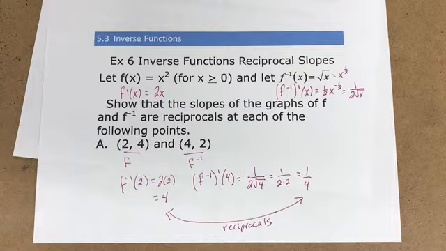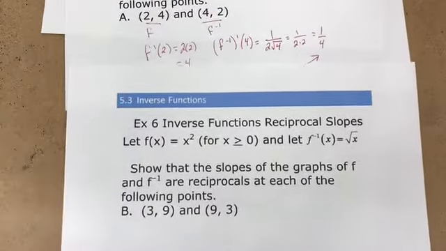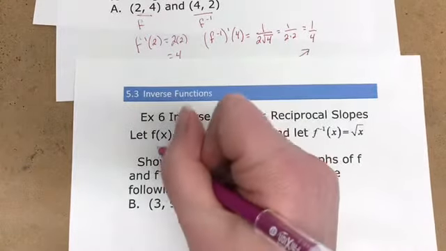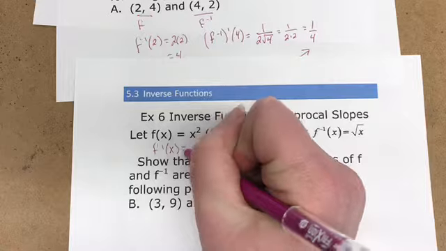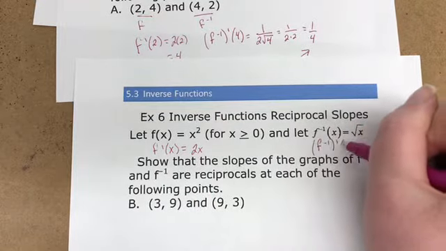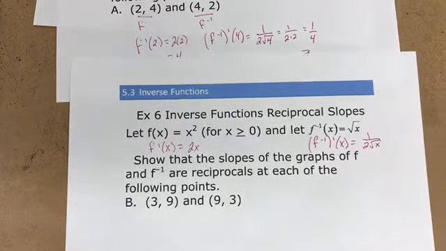So then for part B, same function, but this time we're using different points. We're using 3, 9, and 9, 3. So remember we had for f prime of x was 2x, and f inverse prime of x we had as 1 over 2 square root of x.